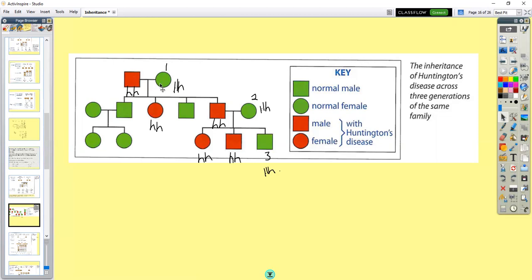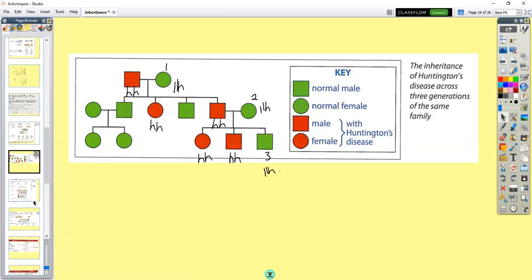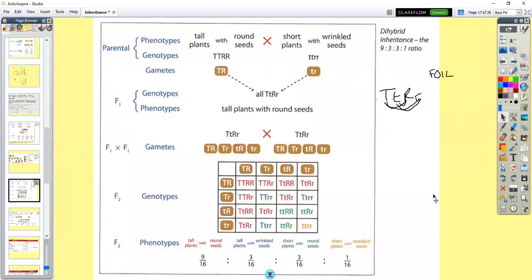You have a hemophiliac there. This one must be heterozygous, so she passes on that small h as well to her daughter and son, as you can see. Okay, the next bit of this is looking at dihybrid crosses, which involve 2 different characteristics.